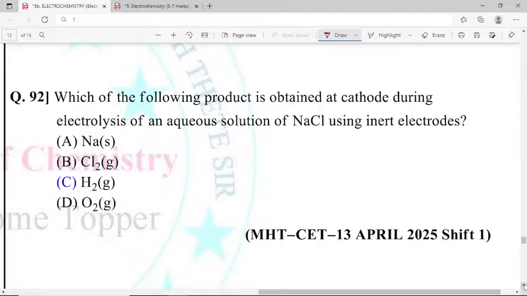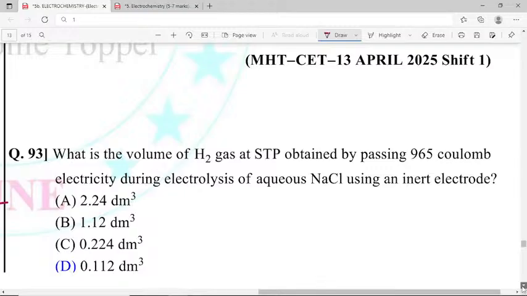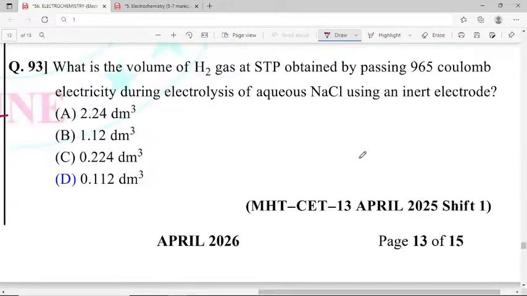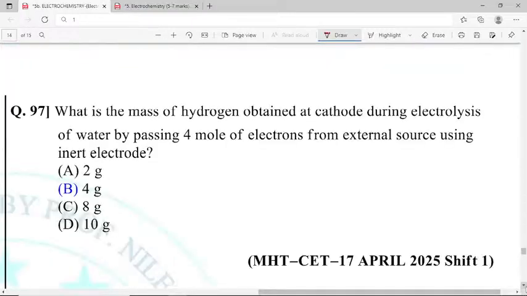Which of the following is the cathode in electrolysis of an aqueous solution where hydrogen gas is evolved? So simple question. What is the volume of hydrogen gas? This question is repeated from 2024 as it is. 0.112 dm cube, liter.